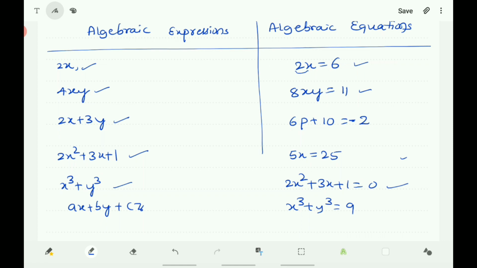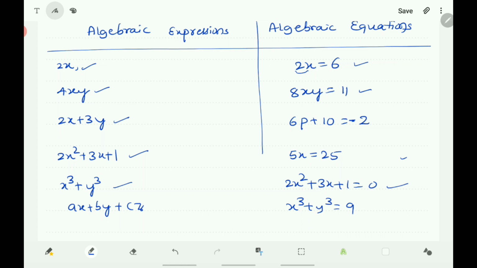In the equation 5x equals 25, only one variable is there, that is x. In the equation 2x square plus 3x plus 1 equals 0, only one variable is there. And in the equation x cube plus y cube equals 9, there are two variables.